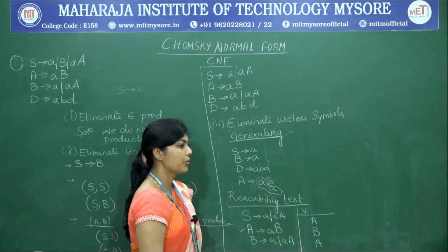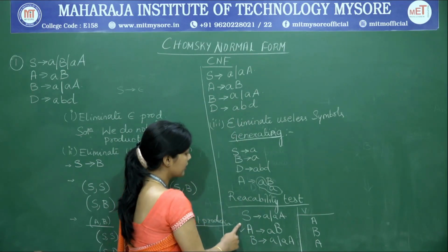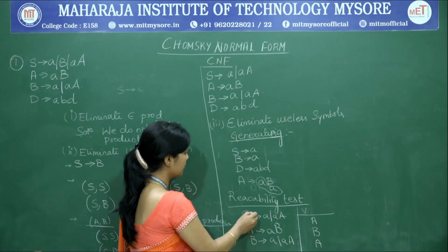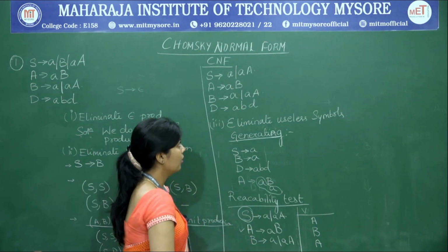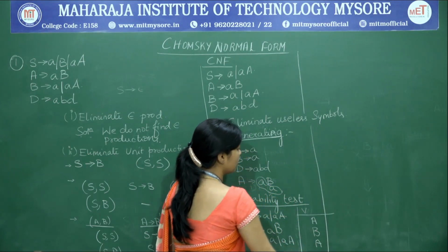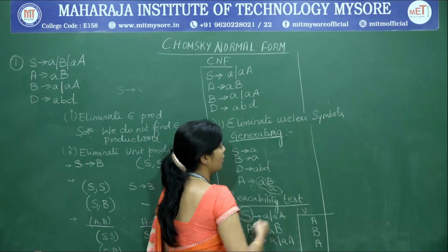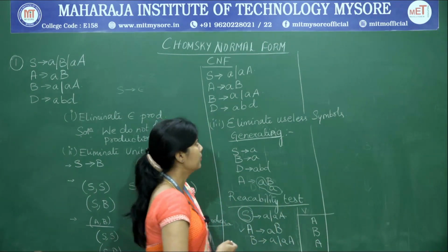So what we notice from here is that D goes to ABD is never reachable from the start symbol, which is S. So we are going to eliminate D and all the productions that involve a D, in order to find the result of the elimination of useless symbols.